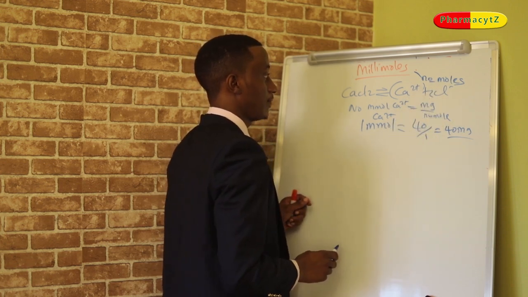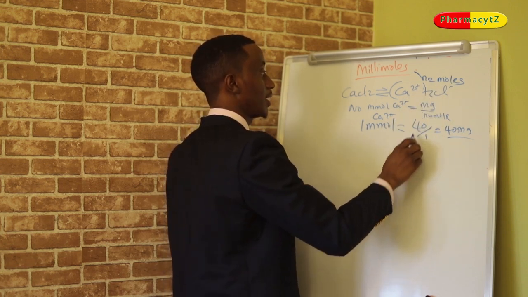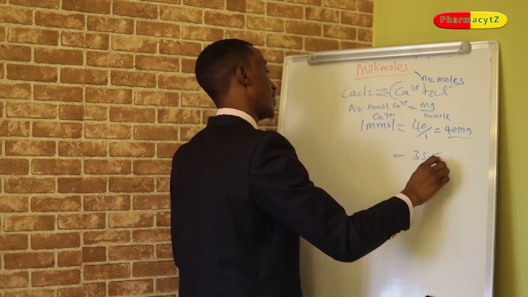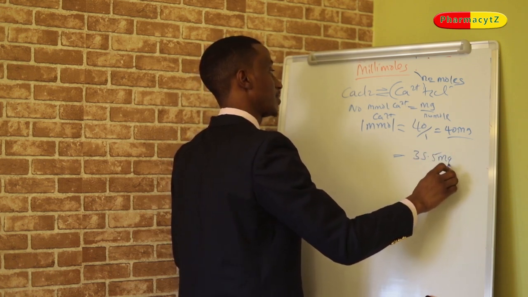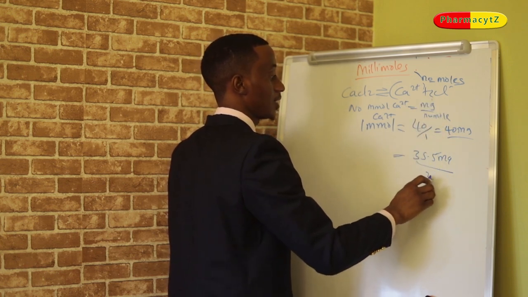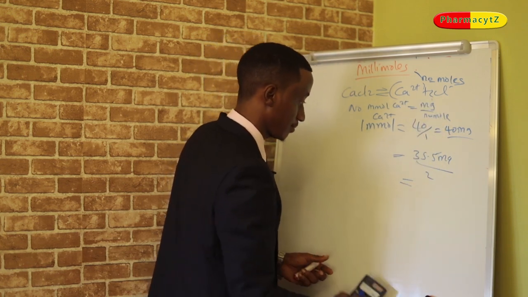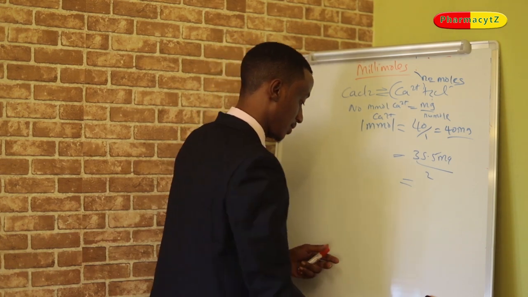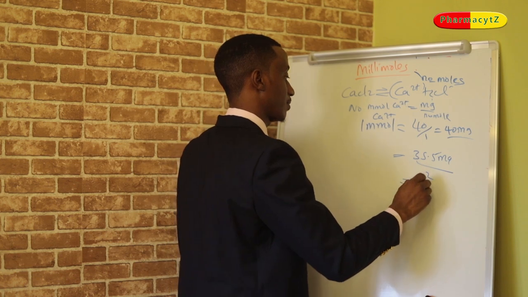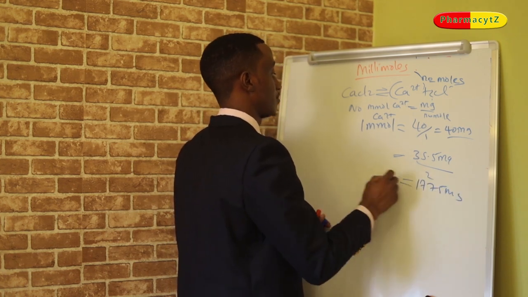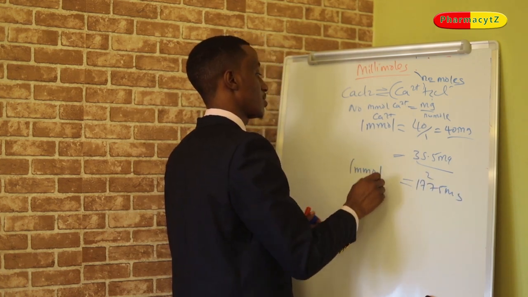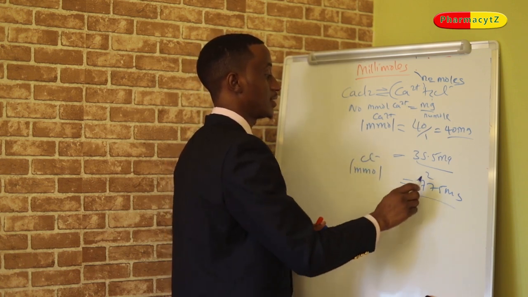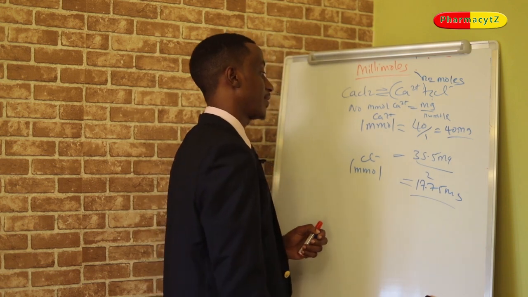But if it is about chlorine, then chlorine has got how much? That is 35.5 milligrams. Divided by the number of moles, 2, you get 17.75 milligrams, meaning that 1 millimole of chlorine can provide 17.75 milligrams.